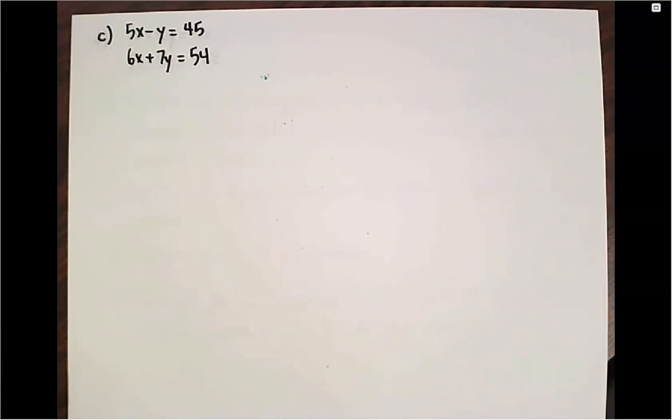5x minus y equals 45, and 6x plus 7y equals 54. So I look at these two equations, and the one that I'm going to solve for the variable is the one that has a variable that doesn't have anything in front of it, except maybe a minus.